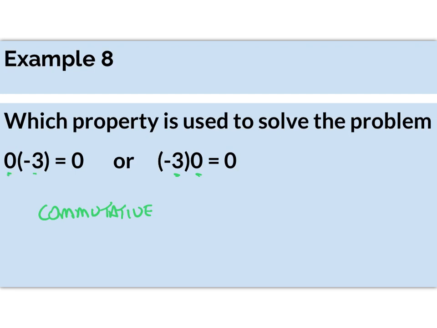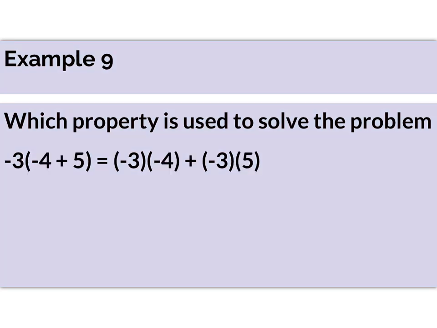Any number times 0 is 0. So this is the 0 property of multiplication. So you can pick whichever property you want. There are actually 2 that apply. The commutative property of multiplication or the 0 property of multiplication.